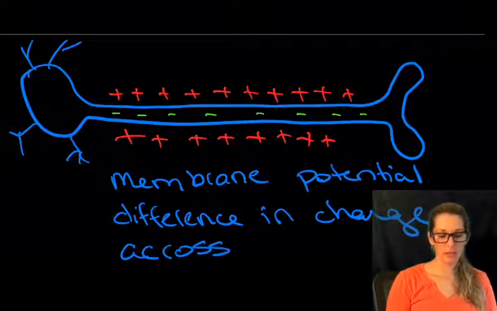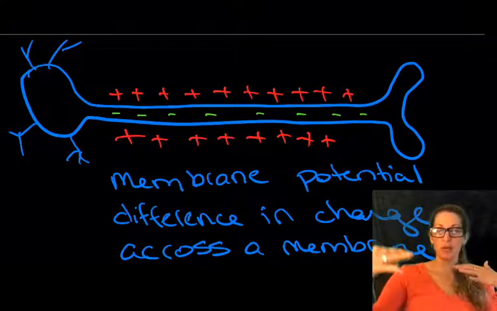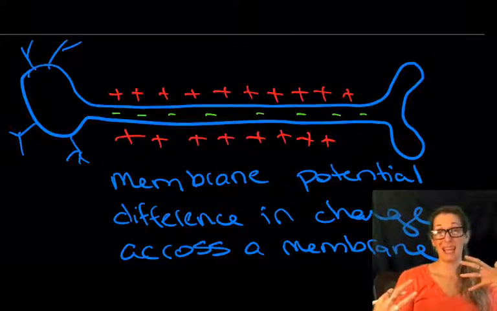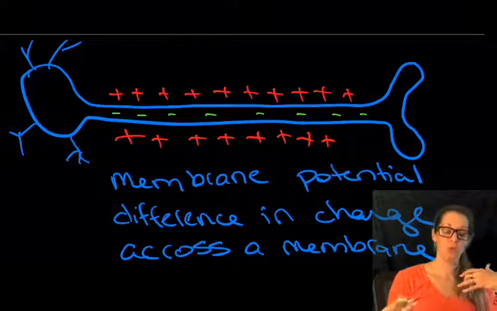Across. I'm so bad at that. A membrane. Okay, this is the membrane potential, and that's because this is potential energy. So these ions have the potential to move.